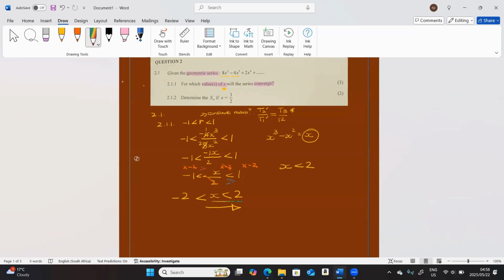So when you only look at the right-hand side, x is greater than negative 2.